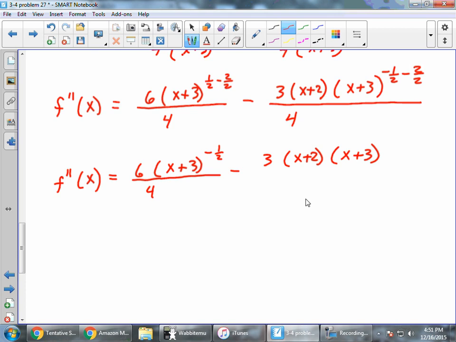Negative 1/2 minus 2/2 is negative 3/2. Again, all over 4.